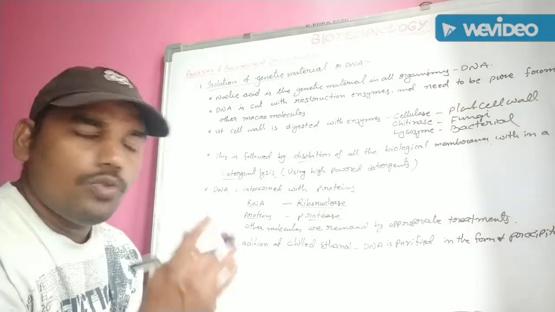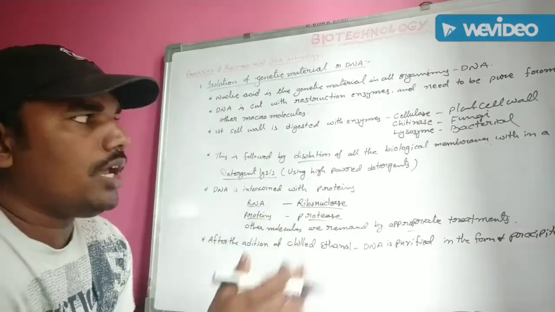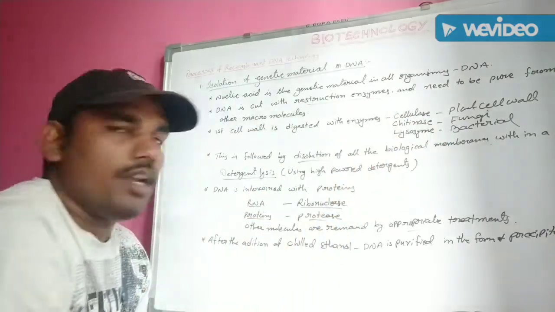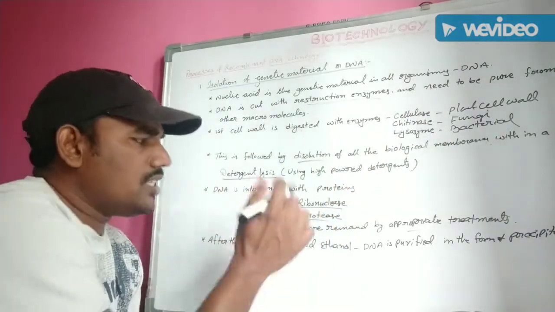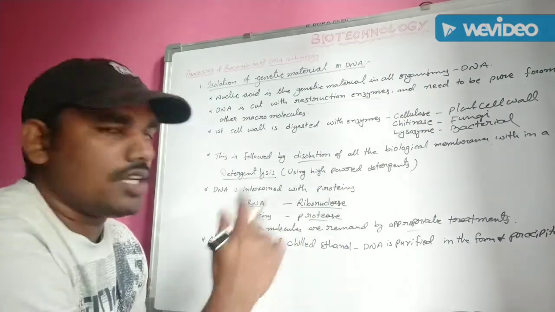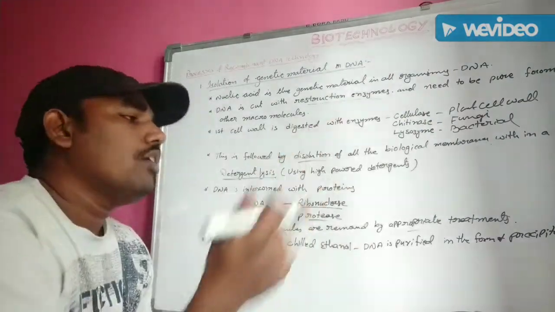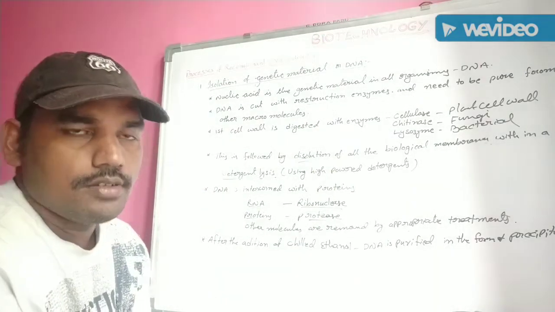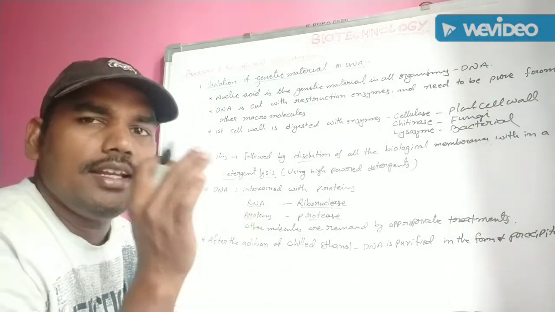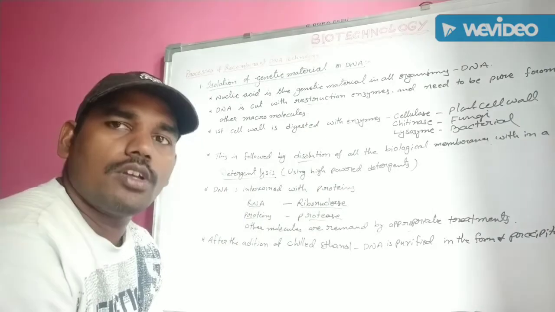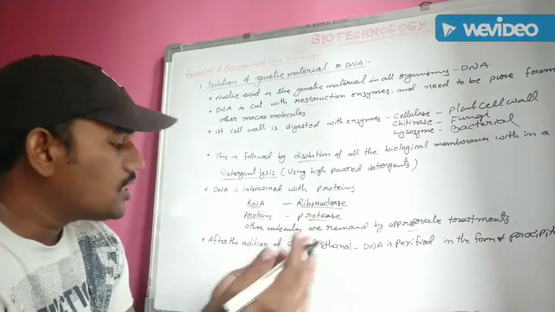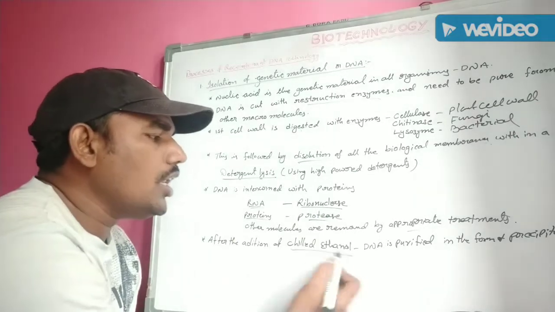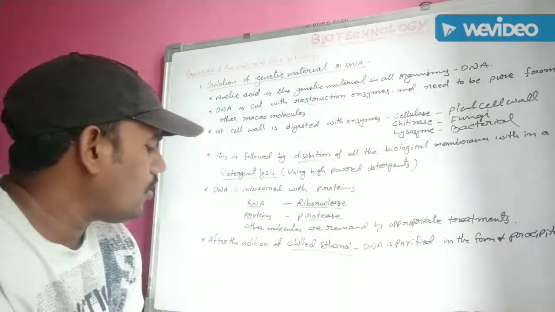So now, after treatment with these enzymes, after lysis of the biological membranes, after lysis of the RNA, proteins and other macromolecules with the help of appropriate treatments, only the DNA is present in that particular cell. This DNA is extracted after treatment with chilled ethanol.